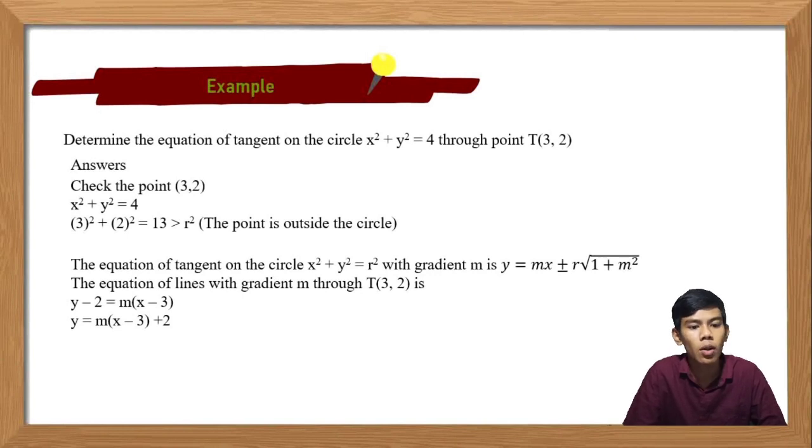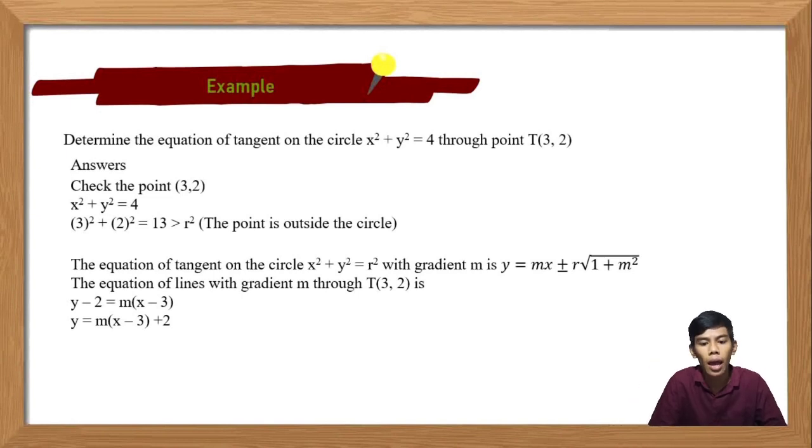The equation of the tangent on the circle x squared plus y squared equals r squared with gradient m is y equals mx plus or minus r times square root of 1 plus m squared. So the equation of the line with gradient m through point (3, 2) is y minus 2 equals m times (x minus 3). So y equals m times (x minus 3) plus 2.